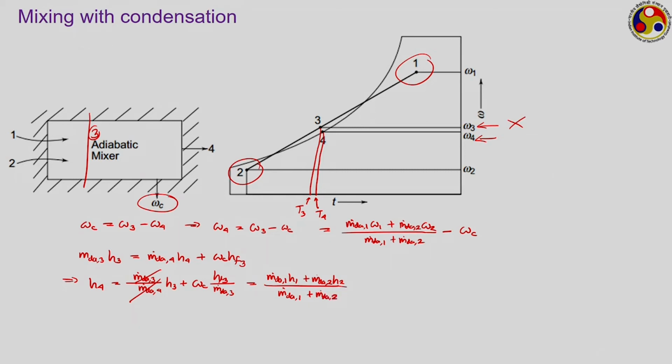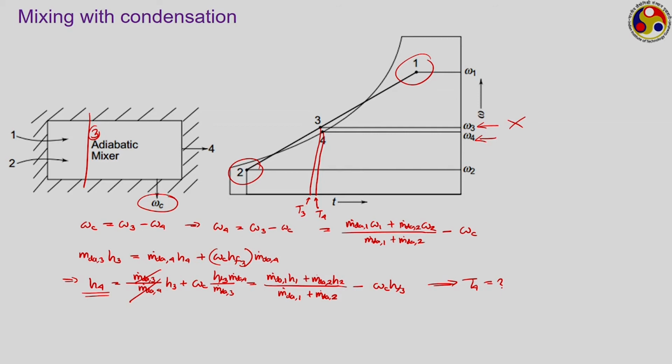This is your H3, plus, here I have missed something, this is also multiplied by m dot dry air 4, because omega c is defined in terms of m dot dry air 4. So, we have m dot dry air 4, leaving us omega c into Hf3. As we have already calculated omega c from practical measurement or some other information, you can easily find the value of H4, and once you know H4, you can get the value of T4 as well, using the formula that we have been using till now.